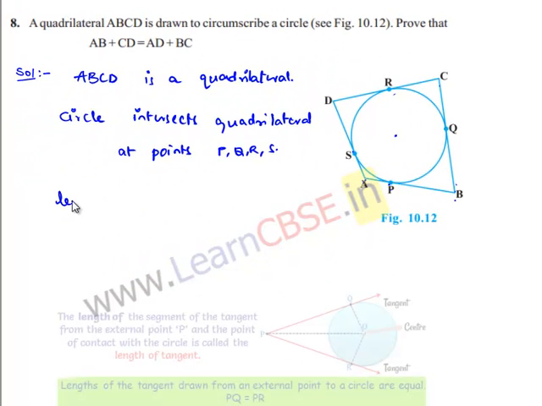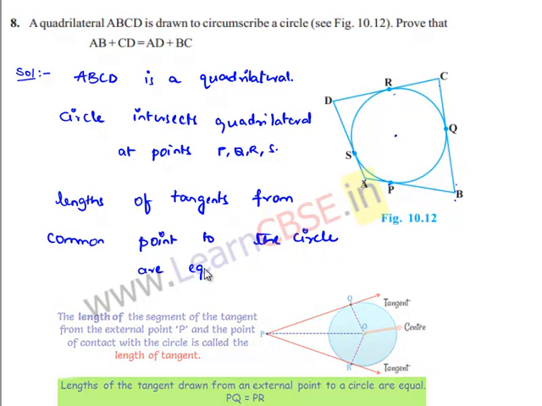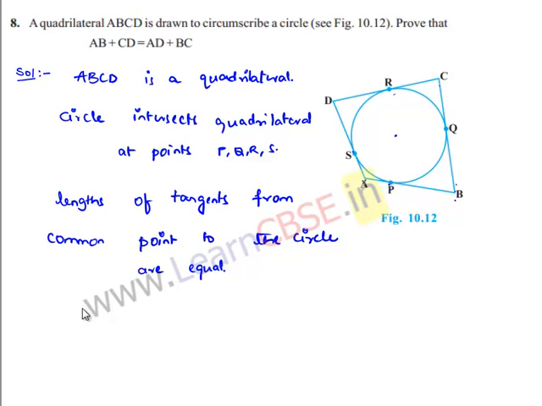We know that lengths of tangents from common point to the circle are equal. Let us initially consider the tangents from point A, that is AS will be equal to AP.